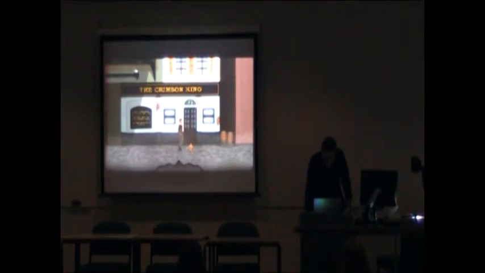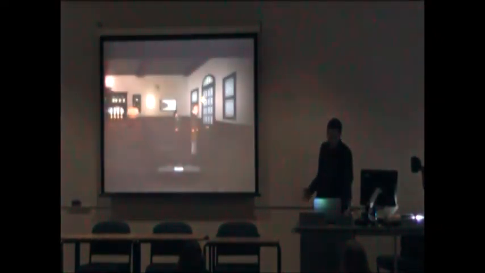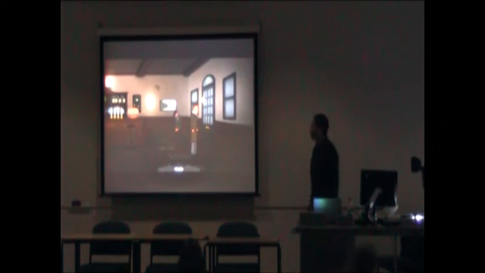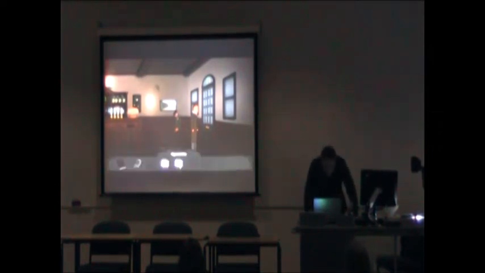So this is the local pub. At this point in the game, we're trying to find out more about the girl who's been murdered. This is our only lead, to go to this pub, because of the cigarette case.